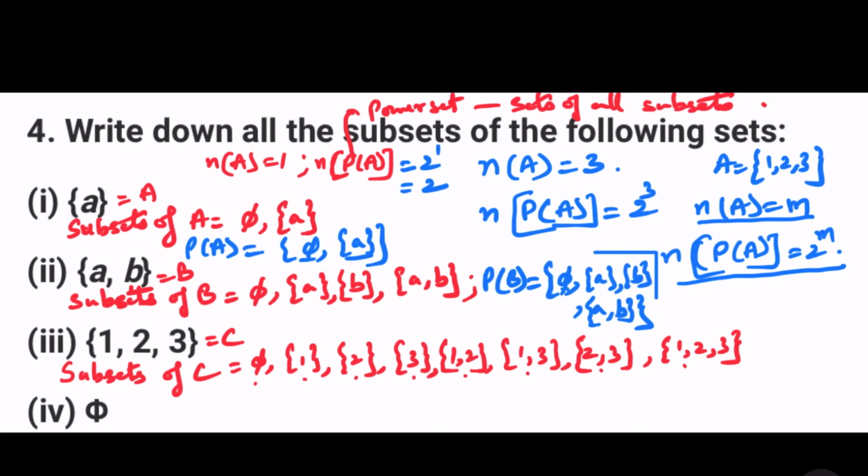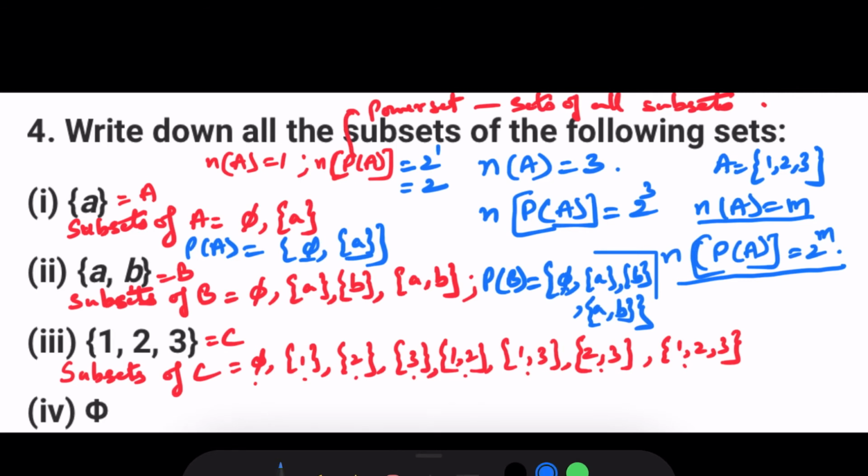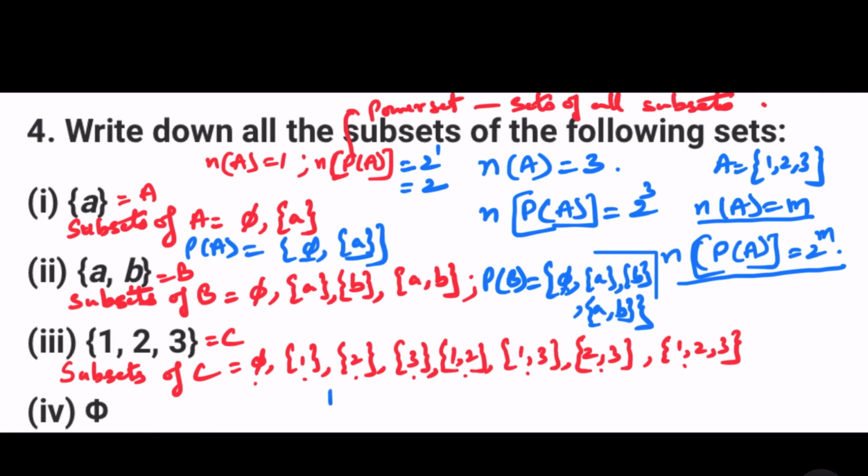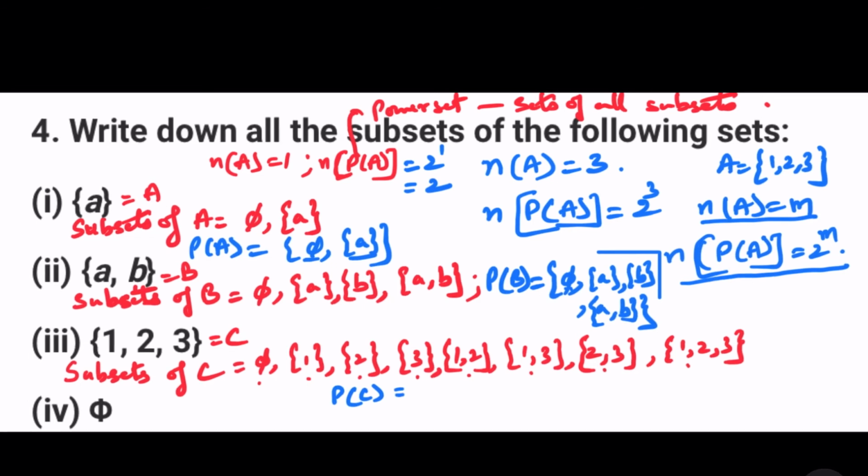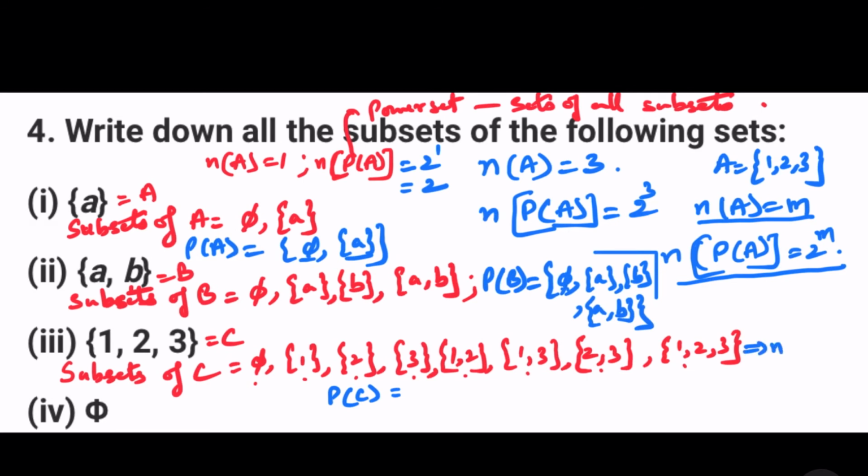So therefore our power set of C consists of 8 elements, because you can see that n of P of C is equal to 2 to the power of 3, which is equal to 8, because you can see here there are 3 elements. So 2 to the power of 3, which is 8. So what are all those elements?